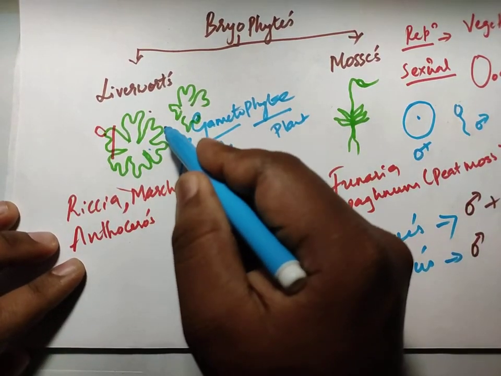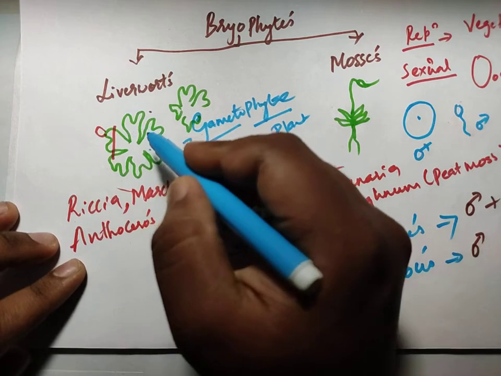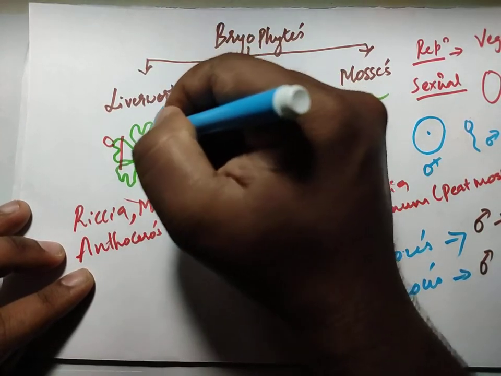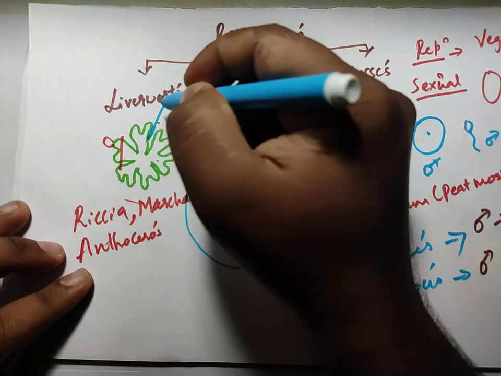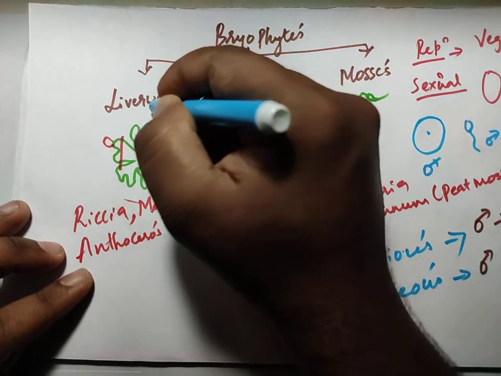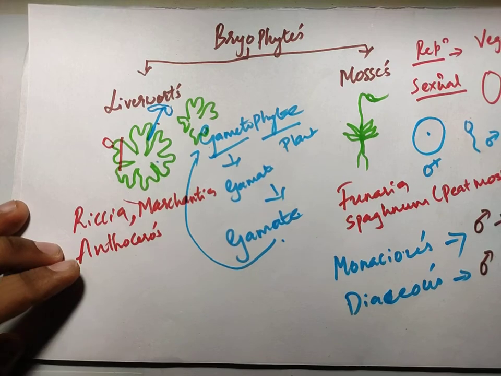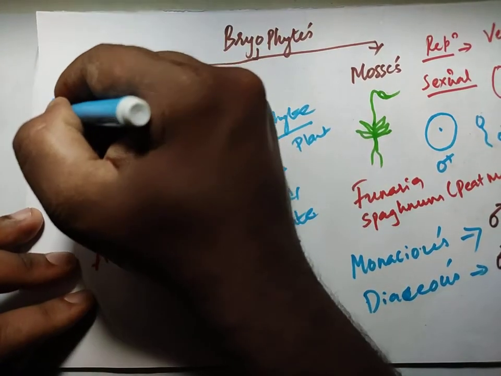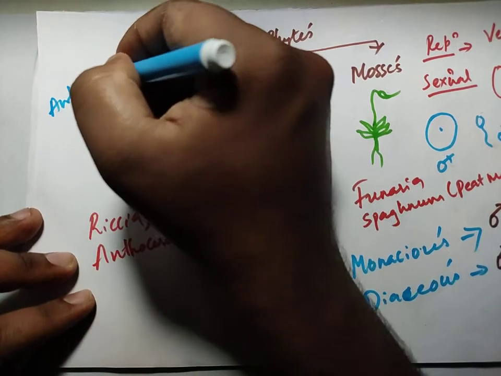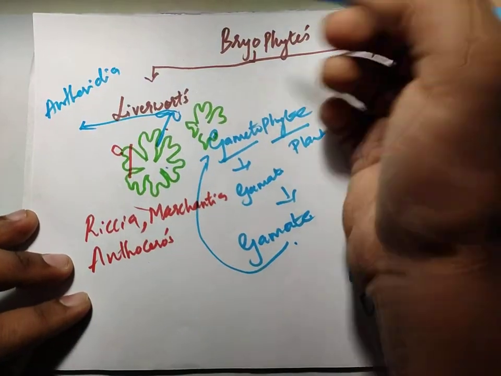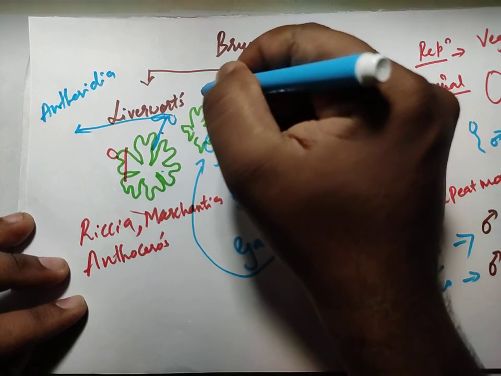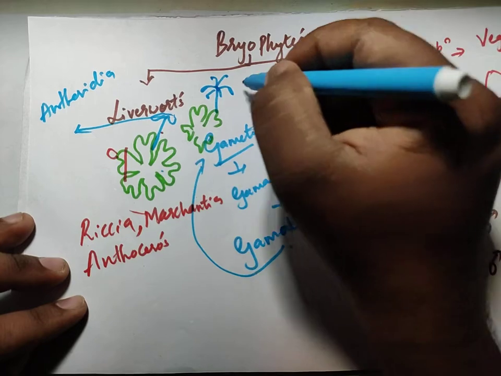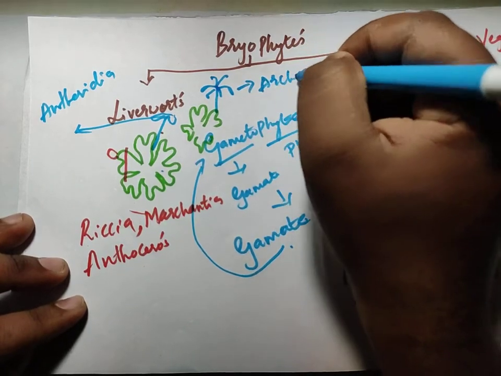Things are flattened, the plant is appearing flattened, but what happens is there is a long stalk-like structure. Okay, and above that, sex organs are formed, and that is called as what? Antheridia, if it is a male one, and some plants produce a kind of structure like this, this is called as archegonia.